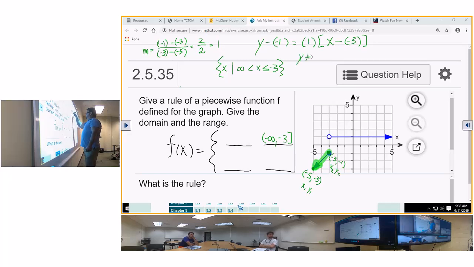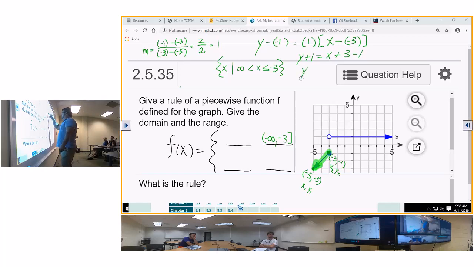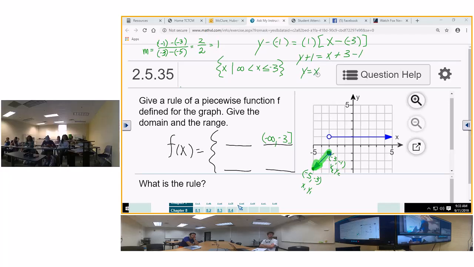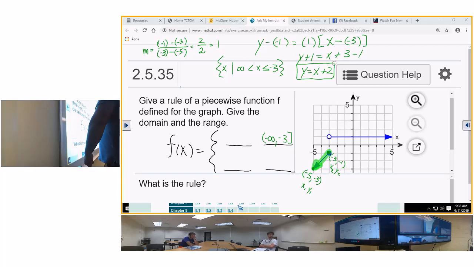Y plus 1 is equal to x plus what? 3 minus 1. Y is equal to what? X plus 2. So you can put x plus 2 right there.